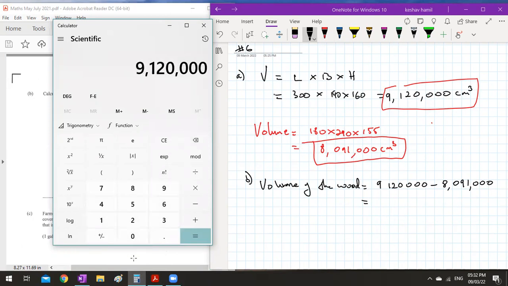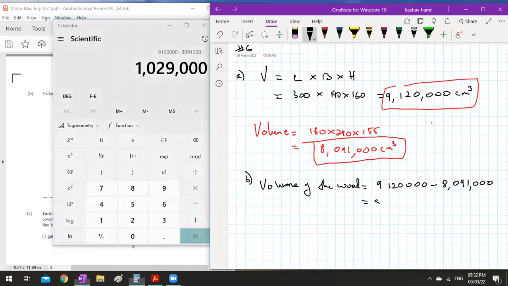Zero, 091. So, one simple, 1,029,000 centimeters cubed.